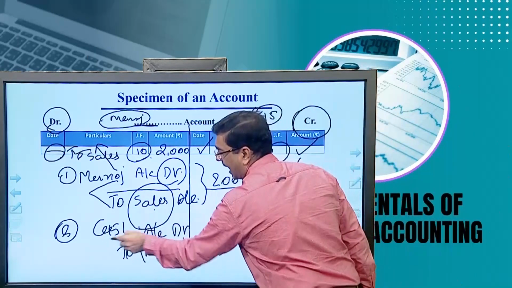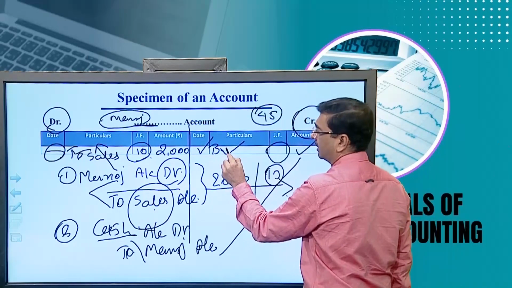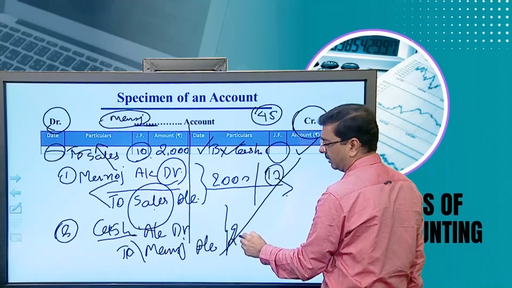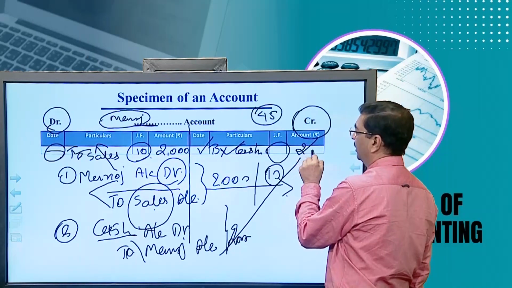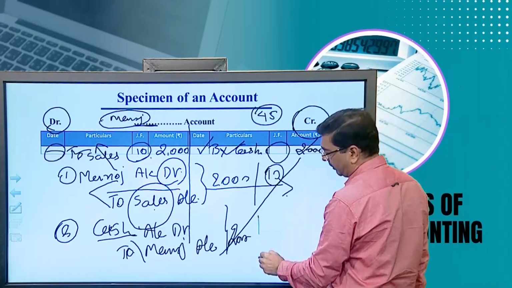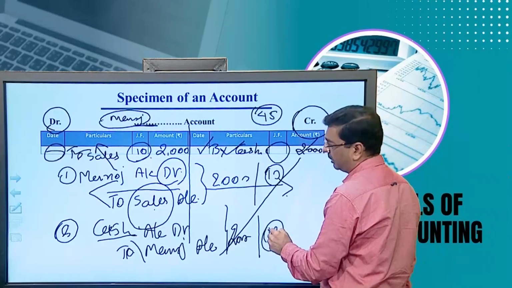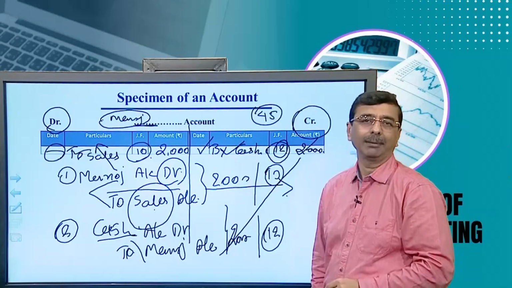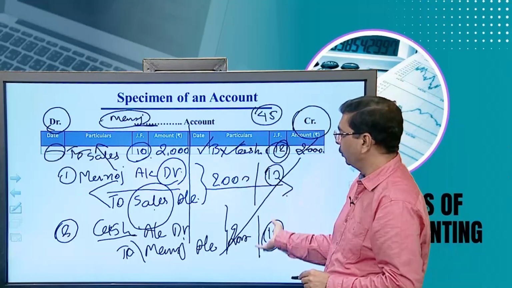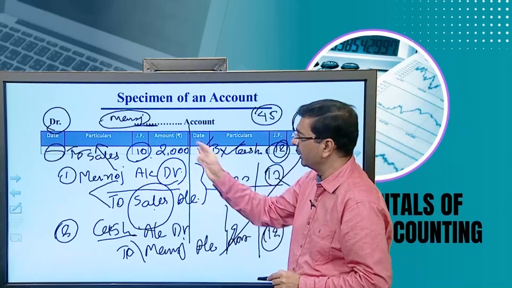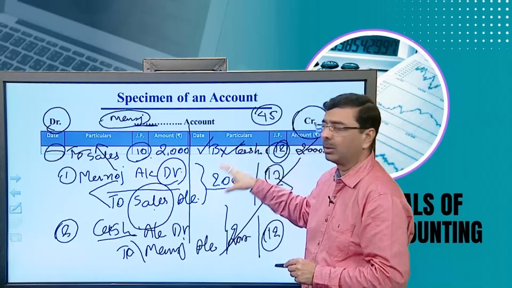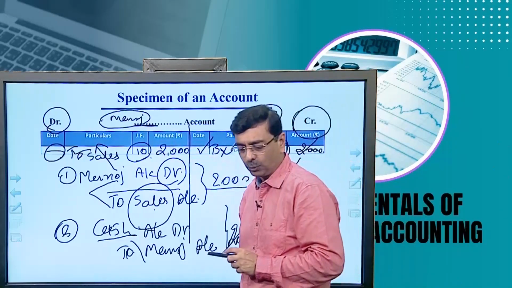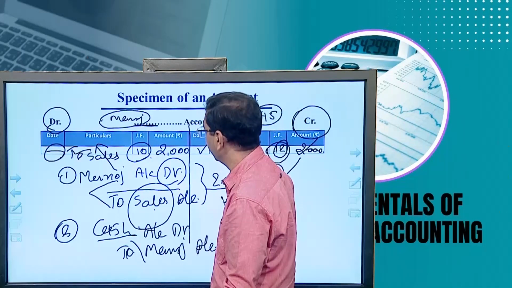The opposite name is cash, so here "By cash." If he paid 2000, it will be written here 2000. And suppose this transaction was written in the general folio on page number 12, then 12 is written here. So this is the way both transactions were posted in the ledger book in the specific account named Manoj. This is the way to record the transactions in the books of accounts.